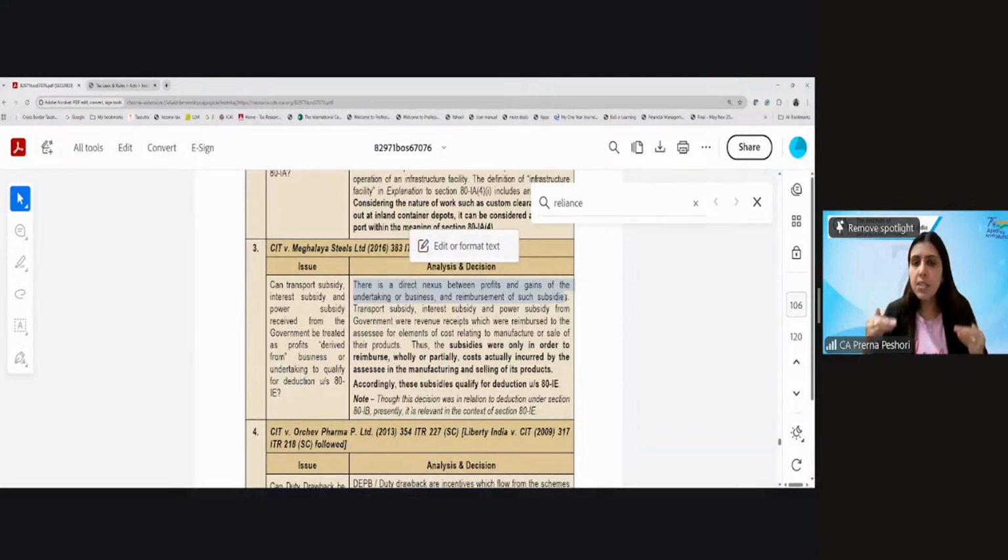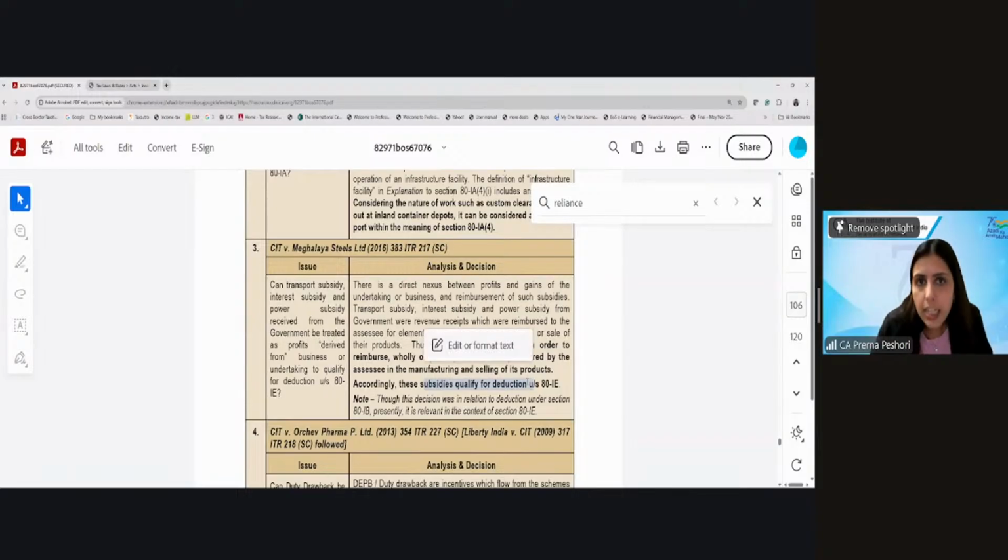So basically these subsidies are given to you by the government in order to reduce your expenditure, in order to reduce your cost. So all these transport subsidy, interest subsidy, power subsidy which the government gives you are nothing but revenue receipts which are reimbursed to reduce your cost of manufacture or sale of product. So these subsidies qualify for deduction under ATIE and equivalently under ATIA also.